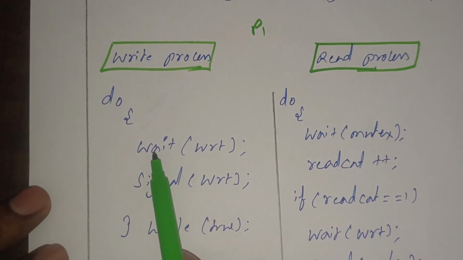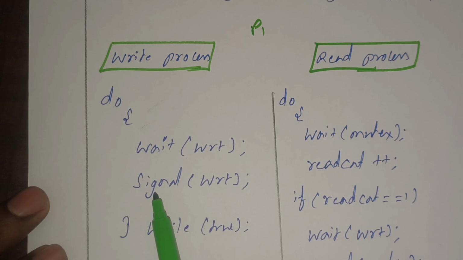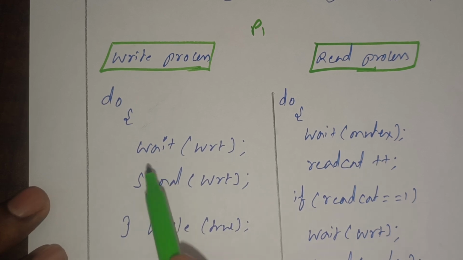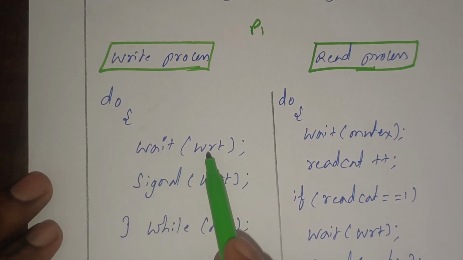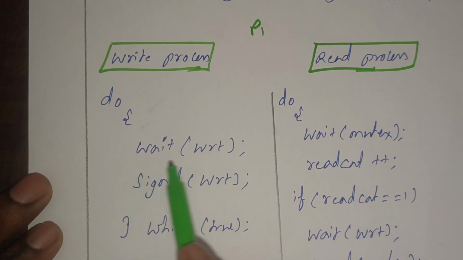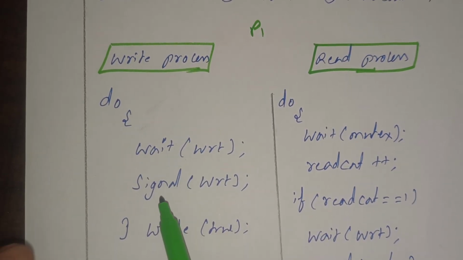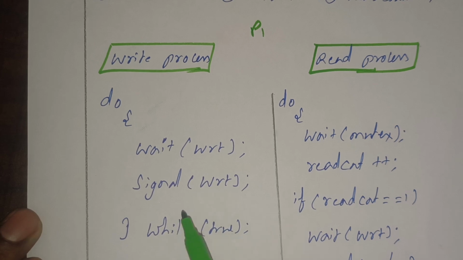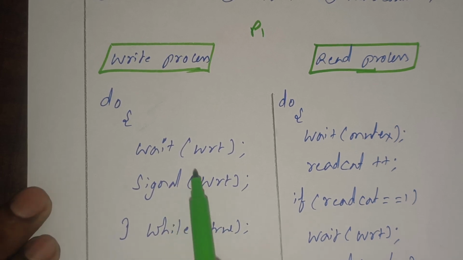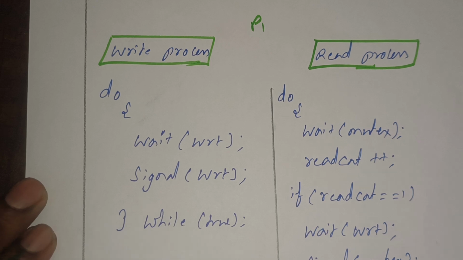You all know that wait is to acquire, signal is to release. It's a semaphore condition. So wait will perform the write process, right? This particular condition will perform leaving, that means it is to acquire, and then to leave. Since it is while true, it will keep on executing, right?